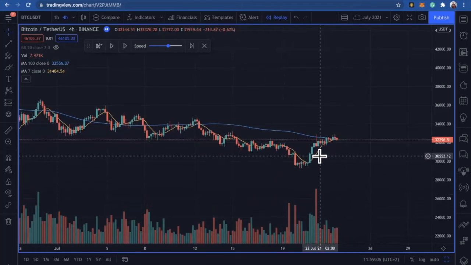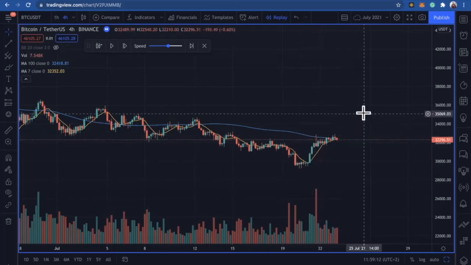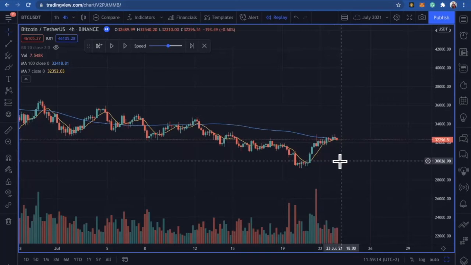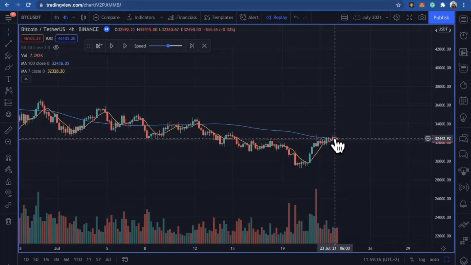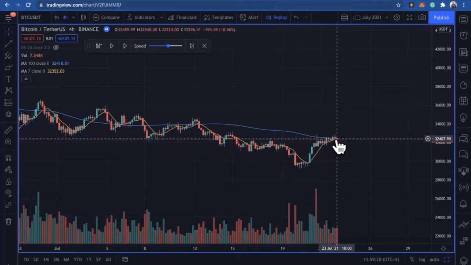Now, here we see that the 7-day moving average shows that we are actually going upwards. Now we also see that the 100-day moving average meets one another there where the price is actually.